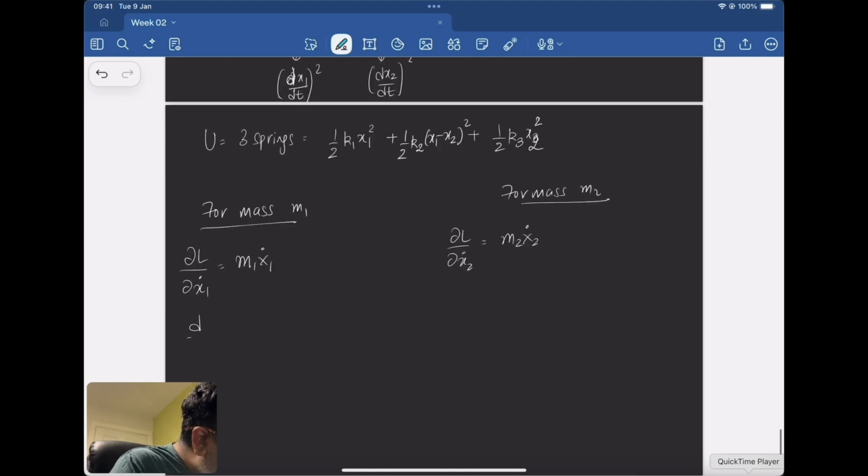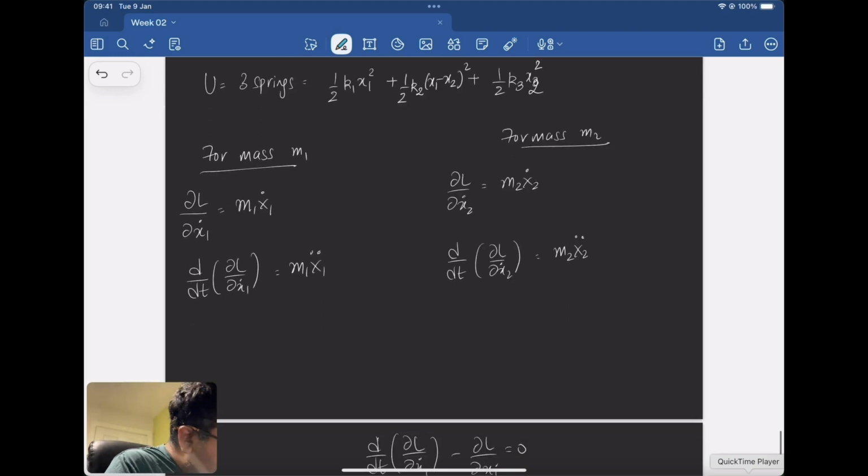Similarly, I can write the time derivative of this, which is nothing but m1 x1 double dot and m2 x2 double dot.